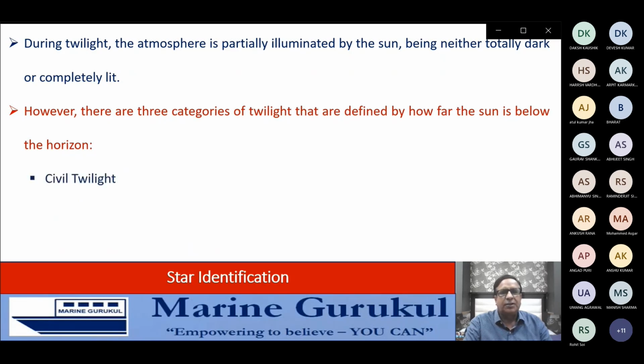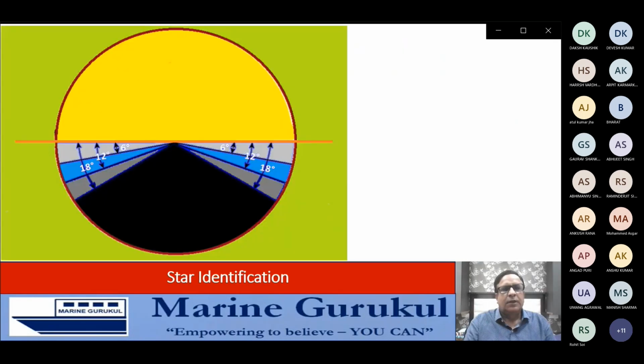These three categories are civil twilight, nautical twilight, and astronomical twilight. Let us understand a little more about the twilights through this diagram. In this diagram, the observer is at the center of the circle, and this diameter of the circle represents the observer's horizon. The circle here represents the daily apparent path of the sun.